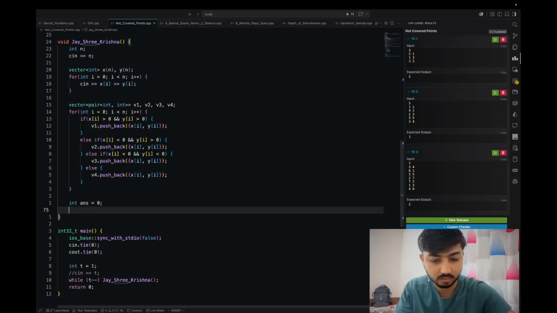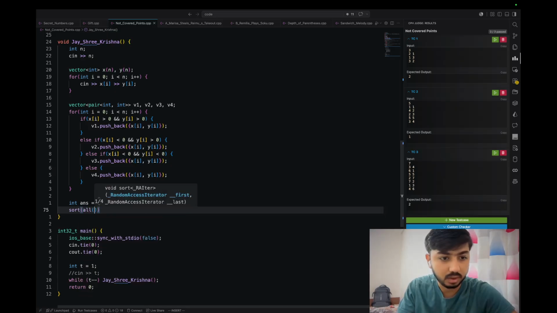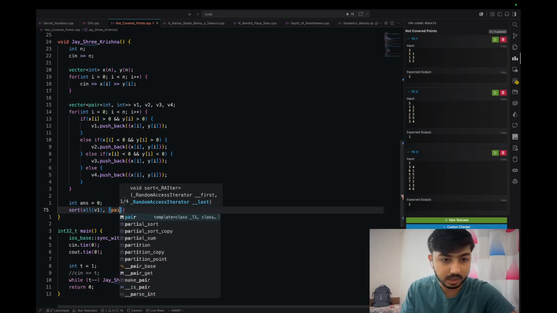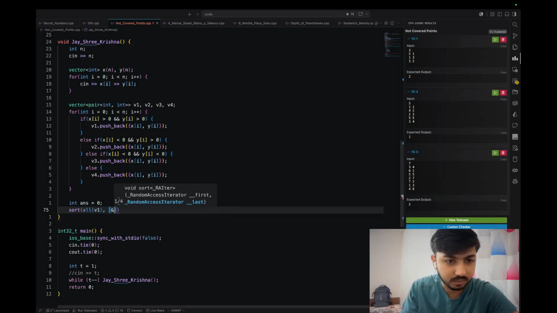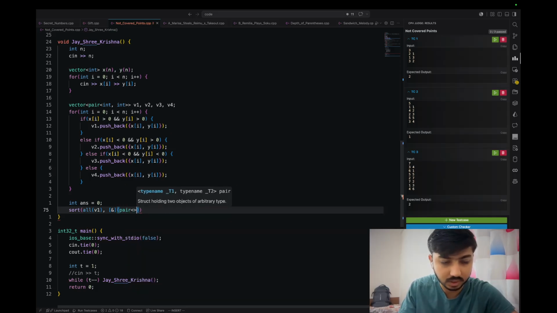And what we'll do here is sort all of V1 on the basis of x coordinate, pair int, int. This is the lambda function definition, if I remember correctly.